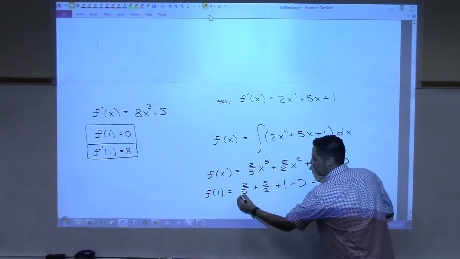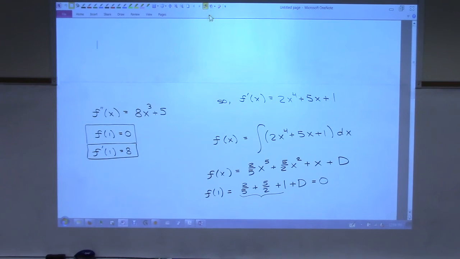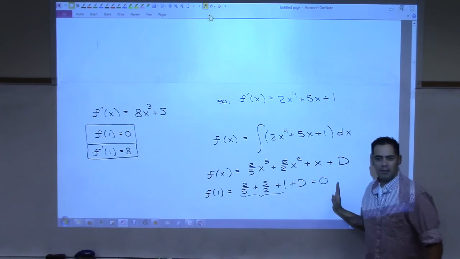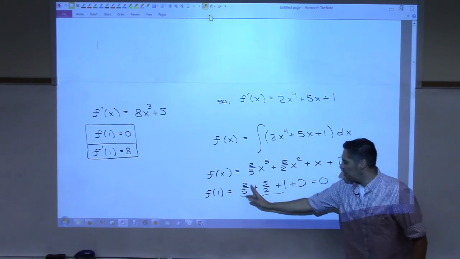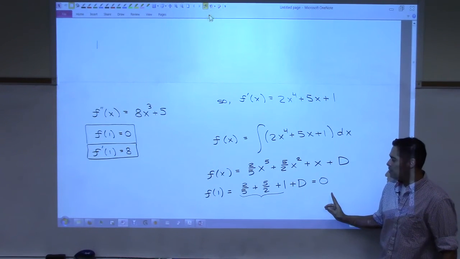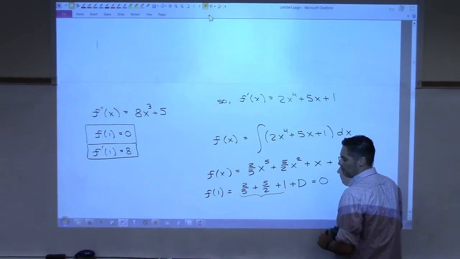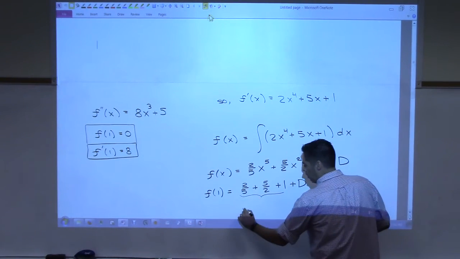So let's put these together. Common denominator? 10? Why don't we just multiply both sides of this equation by 10? Can we do that? What would your equation become? This times 10 would be 4.